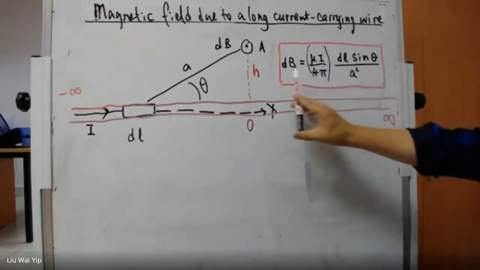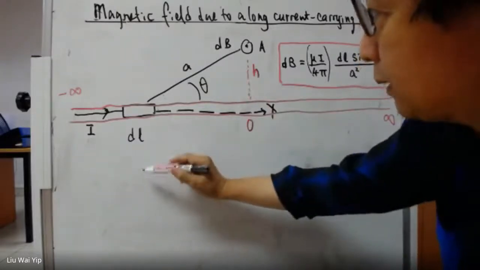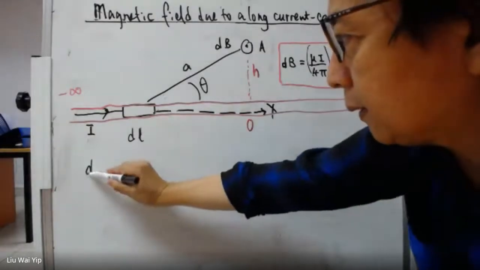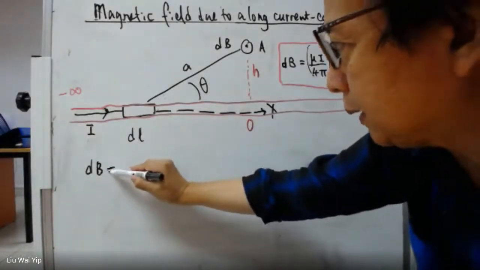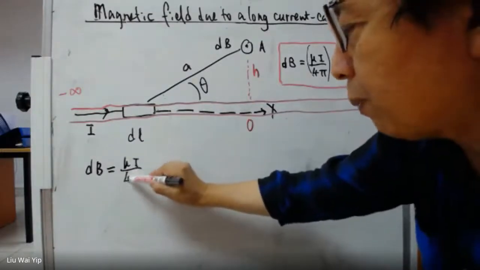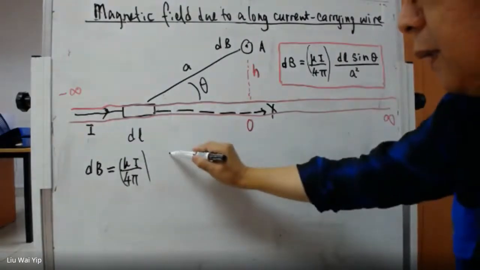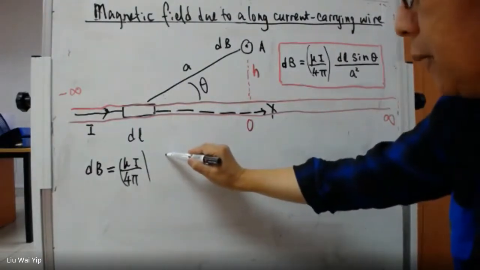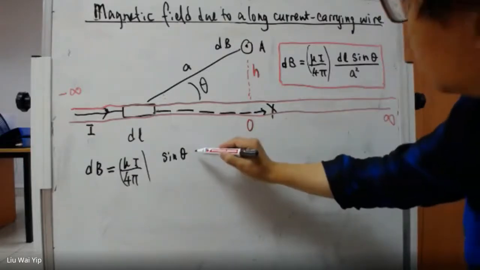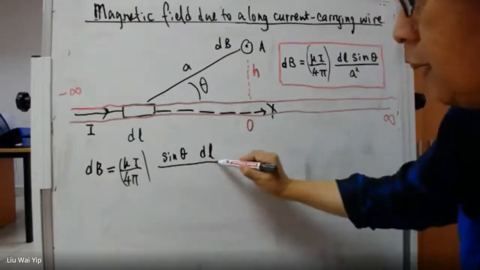Now, first of all, you have dB, right? So we are going to write down the formula again. dB equals mu I divided by 4 pi, and then sine theta times dL, divided by a squared.